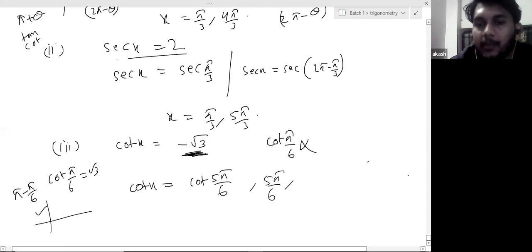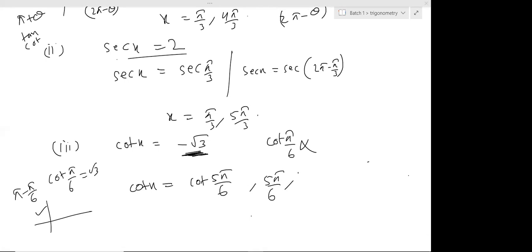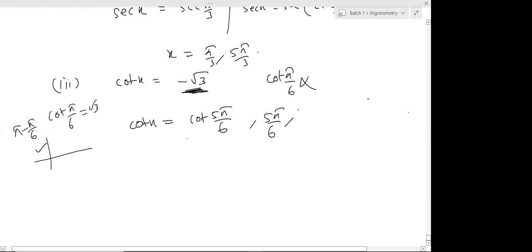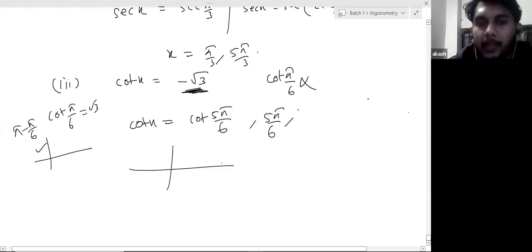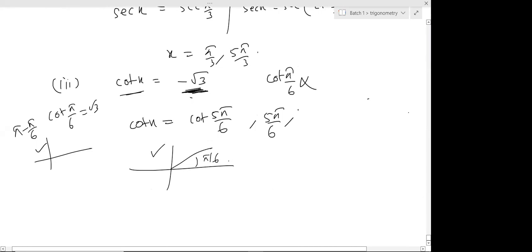So one is 5 pi by 6. Another one is 2 pi minus 5 pi by 6. 12 minus 5 is how much, Shravya? Sir, could you repeat again? See, you will be getting minus root 3 in the second quadrant for cot x. In the first quadrant, pi by 6 is positive, so consider the second quadrant and fourth quadrant.